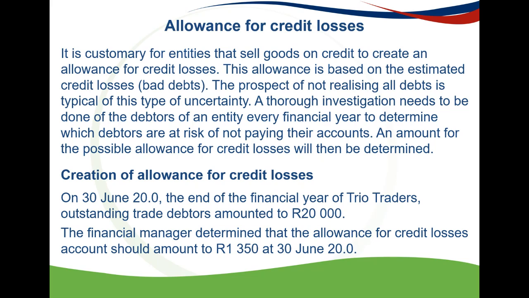We bring in this allowance for credit losses so that when we deduct the allowance from the trade receivables balance, we will only have an amount of 90,000. So we have the actual 100,000 trade receivables less the allowance for credit losses of 10,000, which tells us that we expect to receive 90,000.